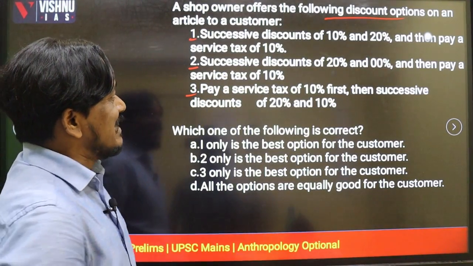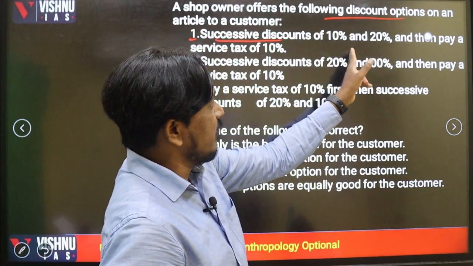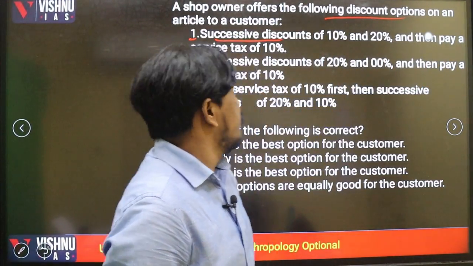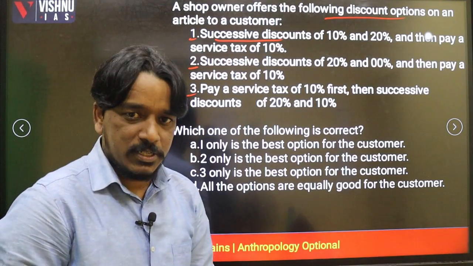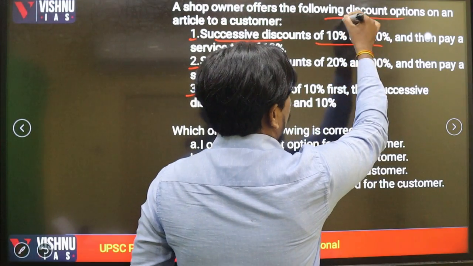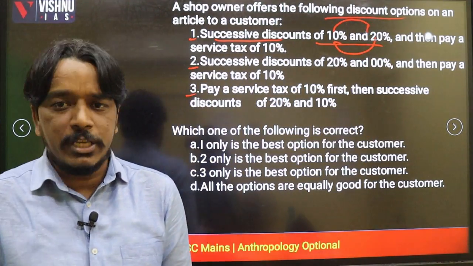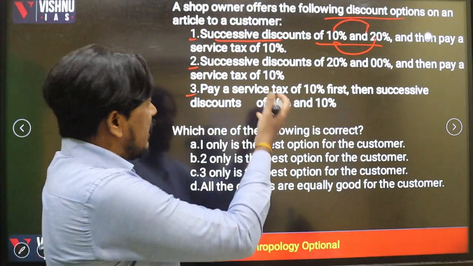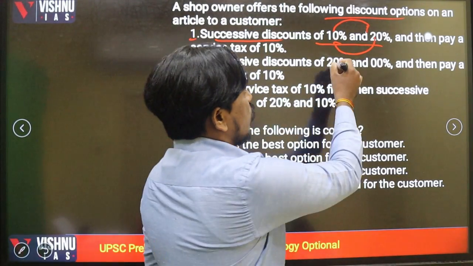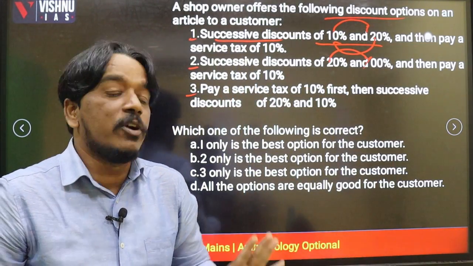In the first one, successive discounts means we multiply all these things: 10, 20, and then pay a service tax of 10%. Successive discounts of 10% and 20%, whether you do it this way or first 20% then 10%, you get the same resultant value. We don't have any change. Even a successive discount of 10 and 0 gives the same result for the customer.